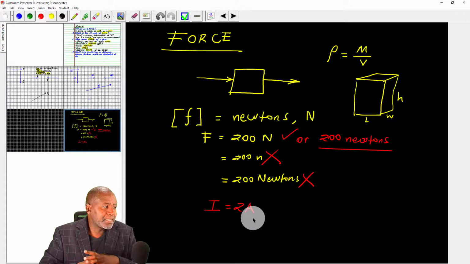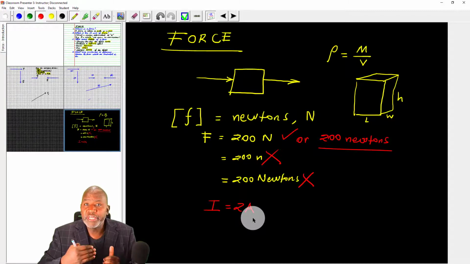So let's look at the effects of a force. This question usually pops up. A force can affect the motion of an object. For instance, if an object was stationary and you apply a force, it can start to move.